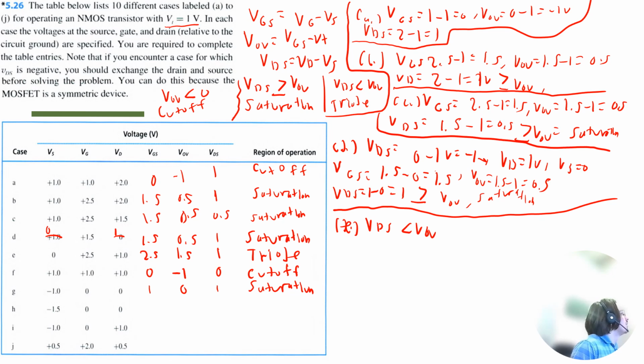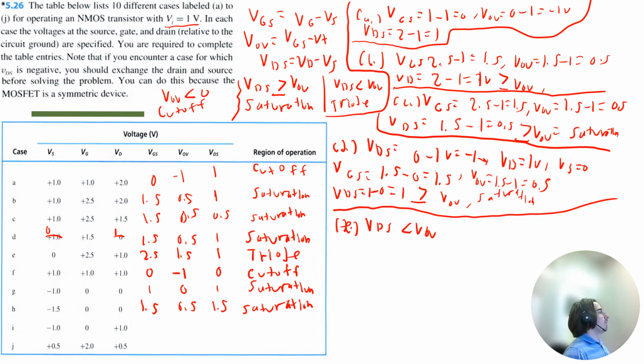Okay, for case H, VGS we have 0 minus a negative 1.5, which becomes positive 1.5, which means V overdrive is 1.5 minus 1, which is 0.5. VDS is 0 minus negative 1.5, that is 1.5. This is greater than V overdrive, so we are once again in saturation.